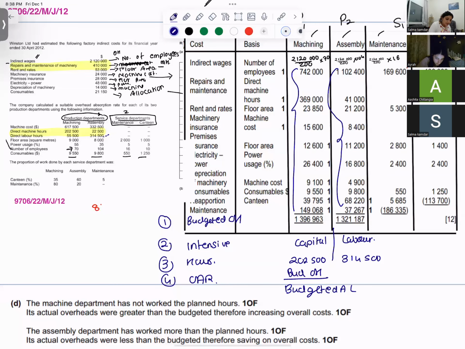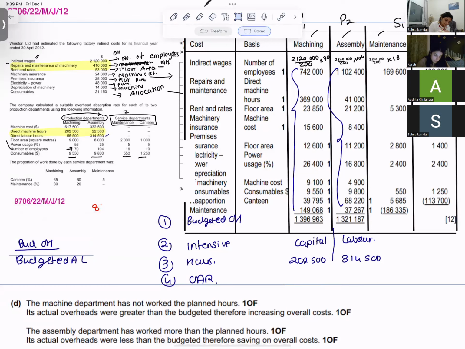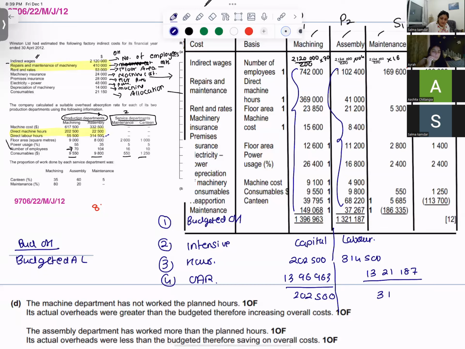What is your budgeted overheads for the machining department? 1396,963. And what is the budgeted activity level? 202,500. Similarly, for the assembly department, it is 1321,187 and the activity level is 314,500.